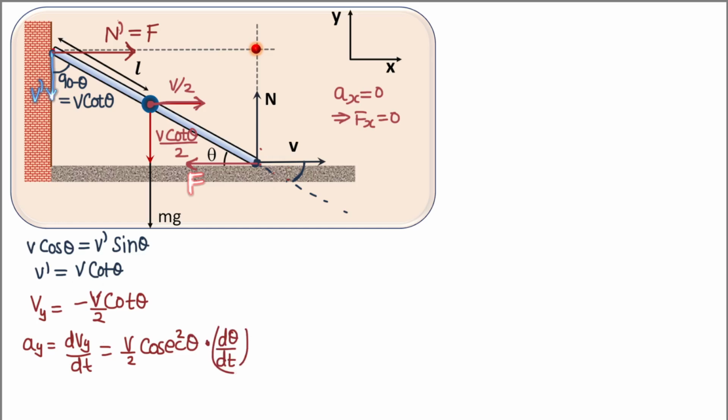Now we have to operate in a given condition when the angle theta was given. So of course, when the angle alpha was 45 degrees, this angle theta will also be equal to 45. So at theta equal to 45 degrees, we can determine the value of d theta by dt, right?